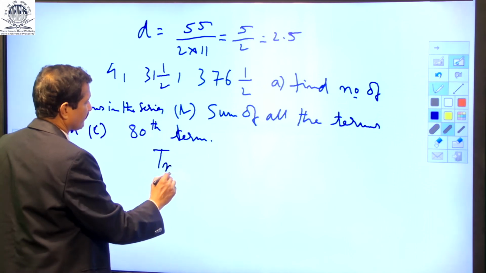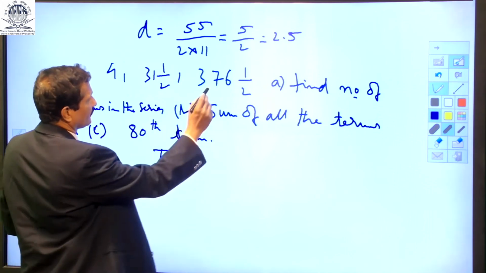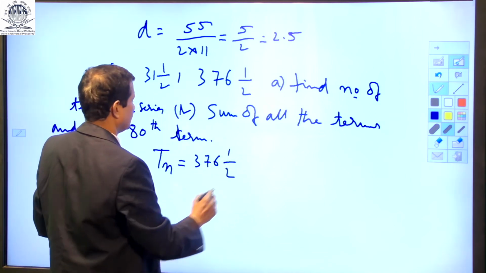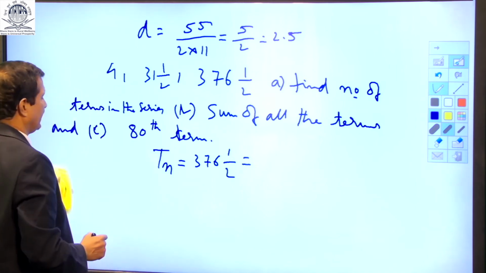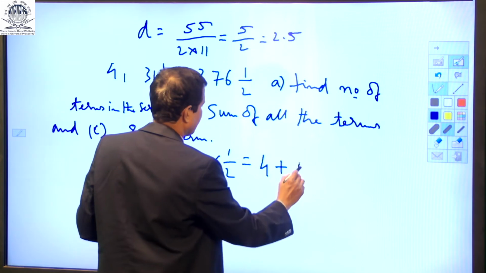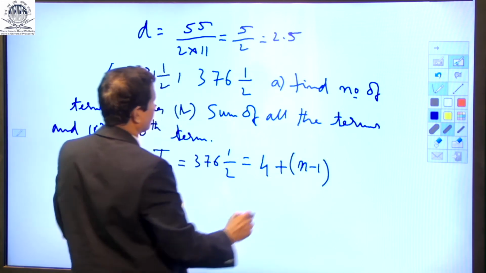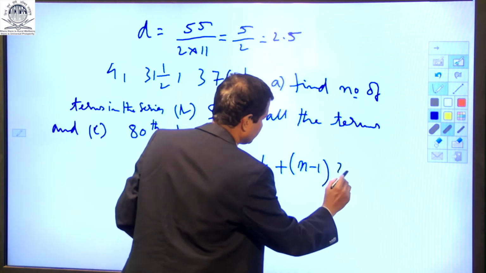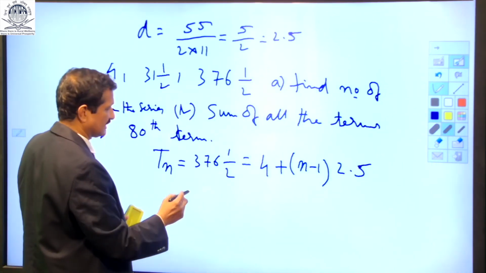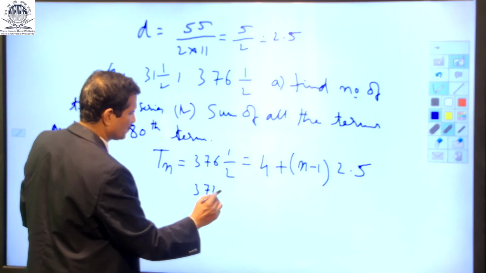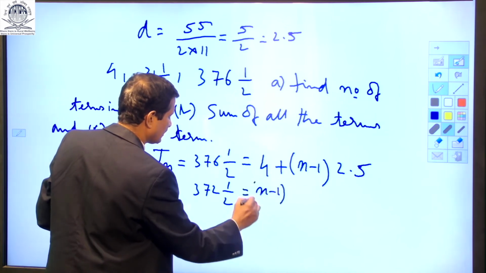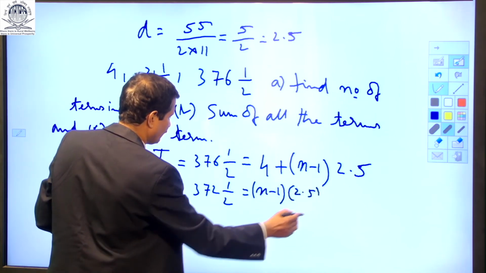So Tn is equal to 376.5, which is equal to, here A is already known to us, which is 4 plus n minus 1 D. D is 2.5. So transposing 4 to this side, this becomes 372.5 is equal to n minus 1 into 2.5.